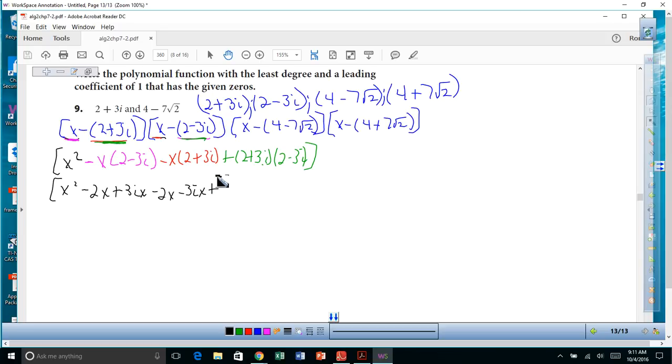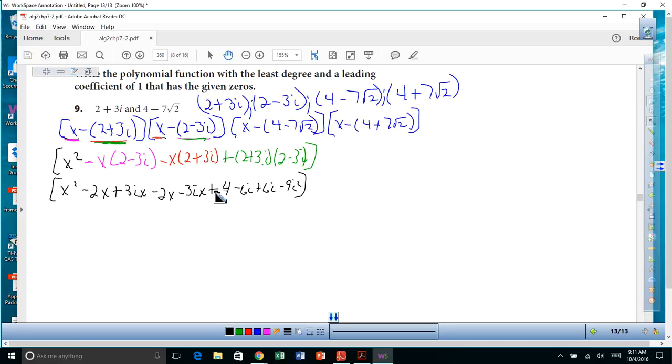Okay, so good so far. And then this right here, you got 2 times 2, that's going to be 4. 2 times 3i, that's going to be minus 6i. And then 3i times 2, that's going to be plus 6i. And then that's going to be minus 3 times 3 is 9, i times i is i squared.